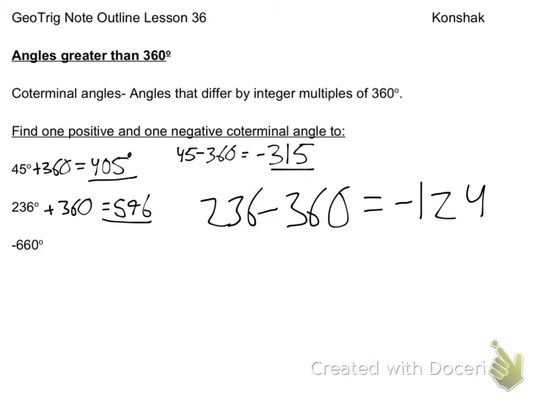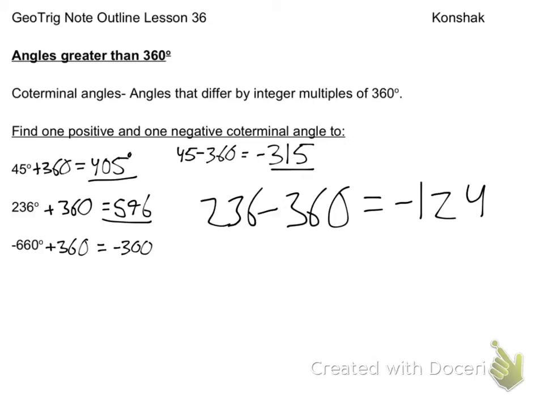So maybe let's try that. If I add 360, where am I at? It's a negative 300. What did I just find? I found a negative coterminal angle. Wait, Mr. Konchak, you added 360 and you found a negative coterminal angle? Yes. It's because the answer was negative.